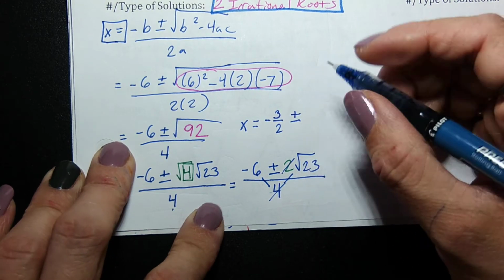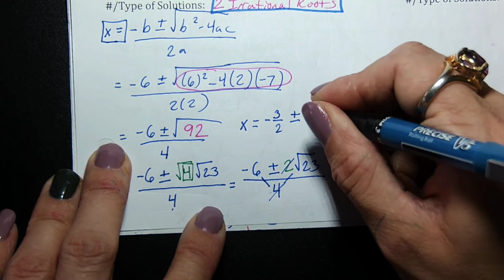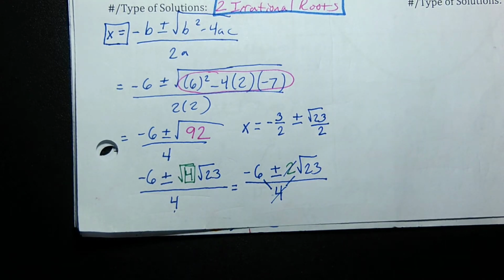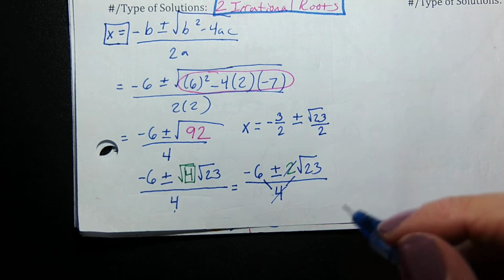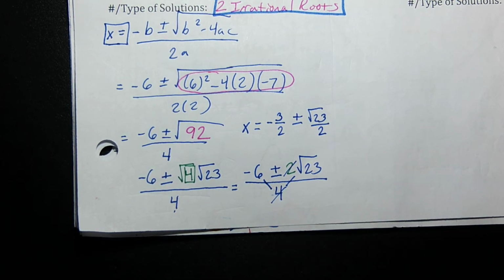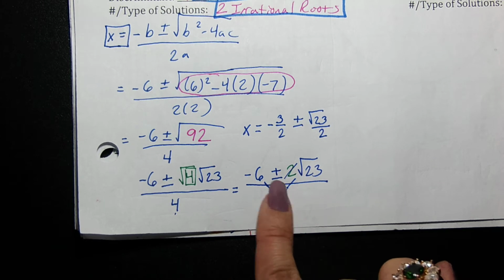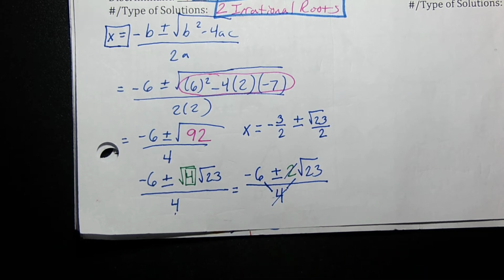So negative 3 halves plus or minus radical 23 over 2. Does everyone see what we did there? You could also think of taking a GCF of 2 out of all 3 of those parts, but I think the division distribution is a little bit easier.